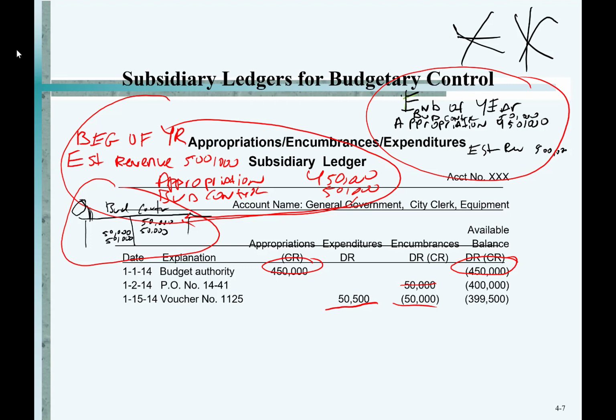Yeah, beginning of the year, budgetary entry. What do you do at the beginning of the year to record the budget? Go ahead. He's pointing to the slide that has it. Beginning of the year to record the budget.